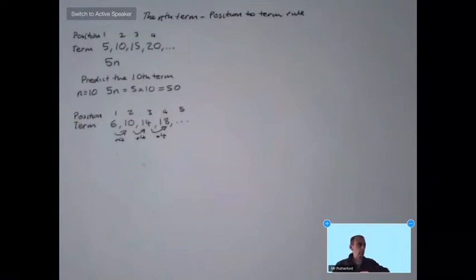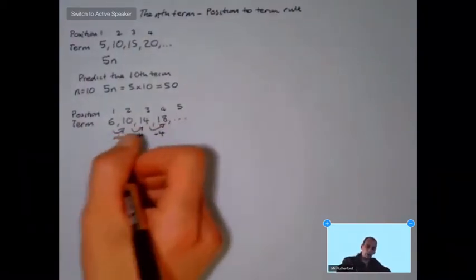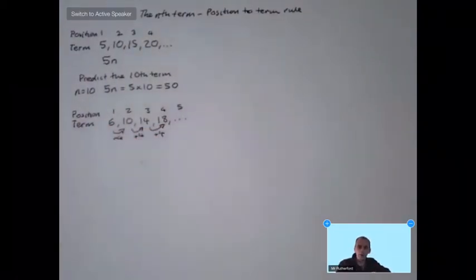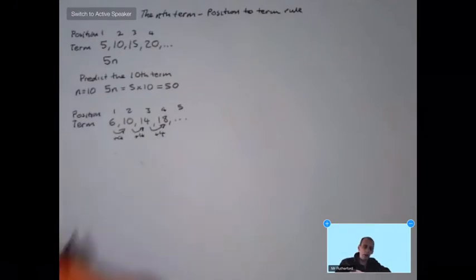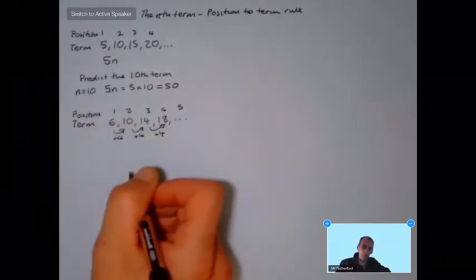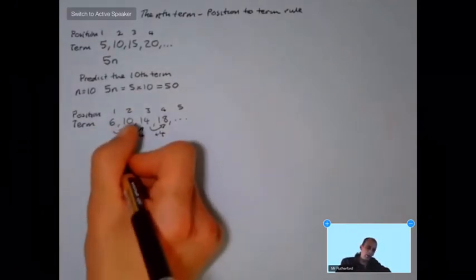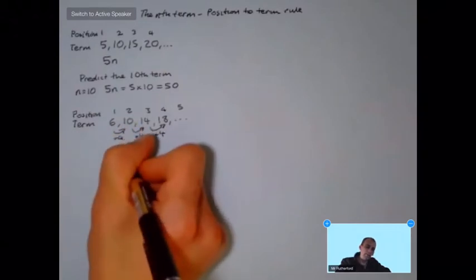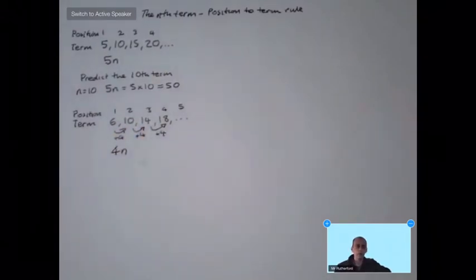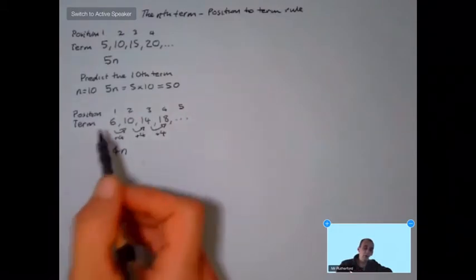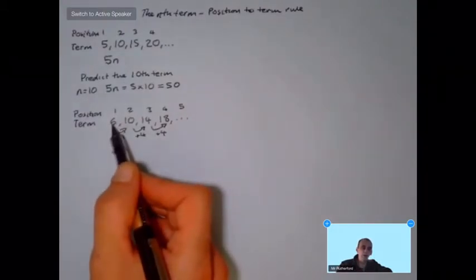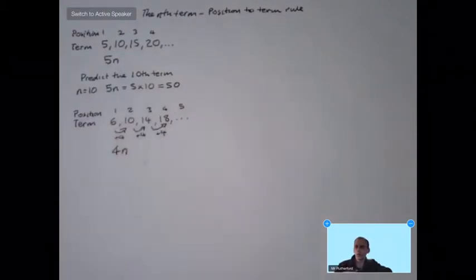Okay, so it's going up in 4s, so the times table that it's linked to is the 4 times table. So it's linked to 4n. Now I know the 4 times table does not start on a 6, it starts on 4. 4 times 1 is 4.